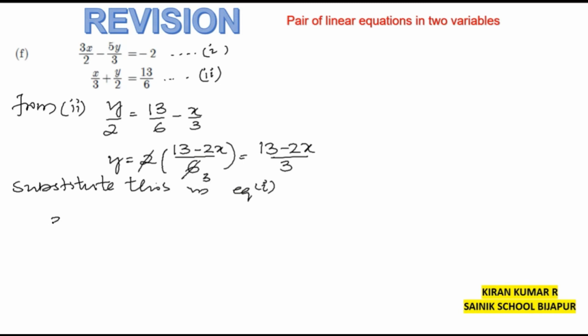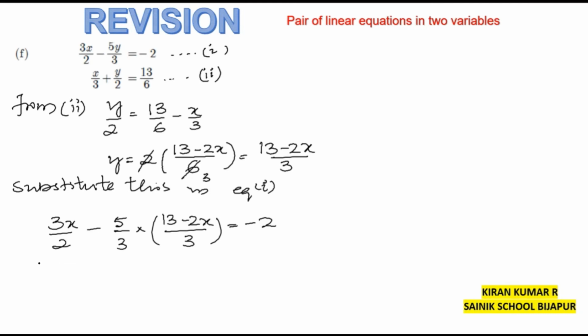Therefore we will be having 3x divided by 2 minus 5 by 3 times 13 minus 2x divided by 3 equal to minus 2. We need to simplify this now.